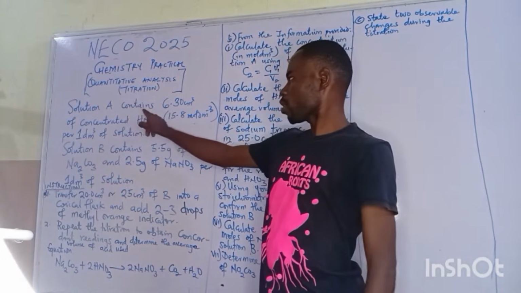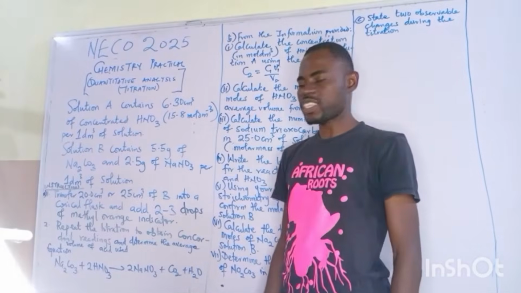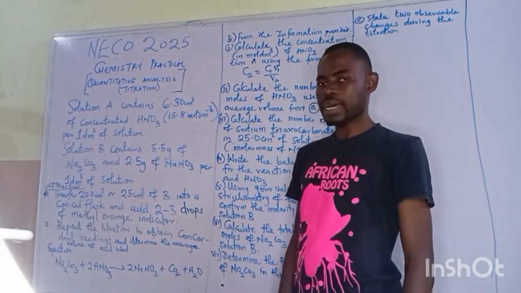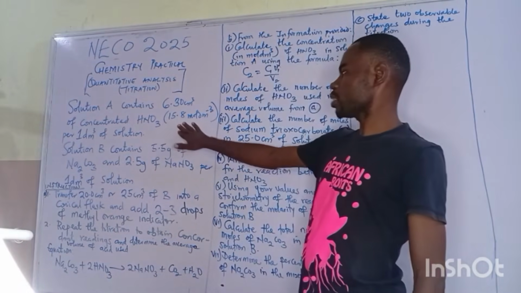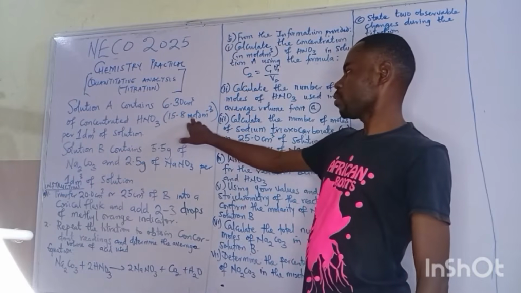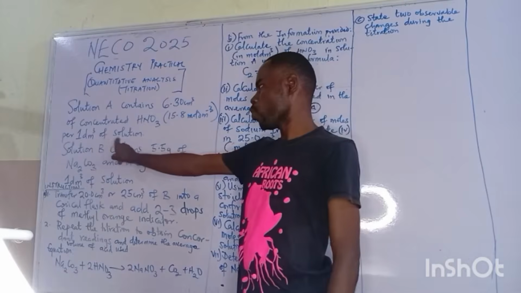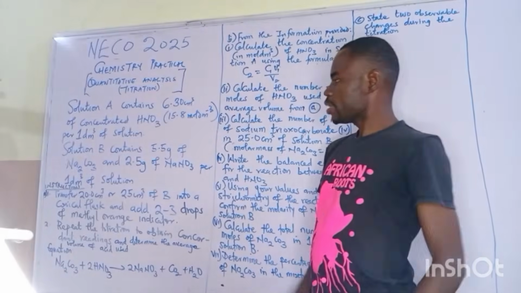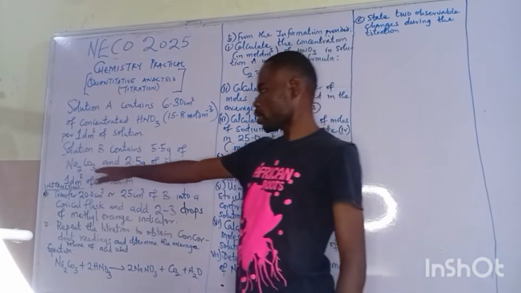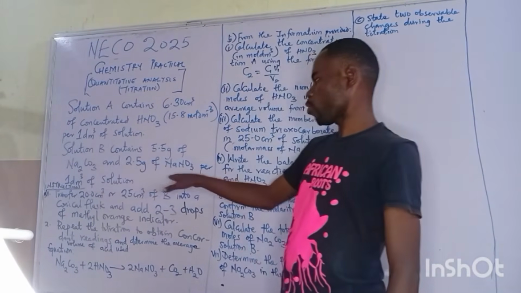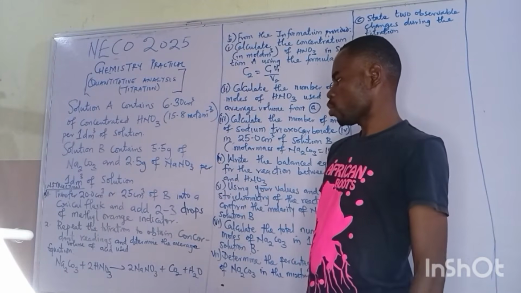Solution A contains 6.30 cm³ of concentrated HNO3 per 1 dm³ of solution. We were given a particular molar concentration, 15.8 mol per dm³. That's the molarity of this particular HNO3. Solution B contains 5.5 g of sodium carbonate and 2.5 g of sodium nitrate per 1 dm³ of solution.